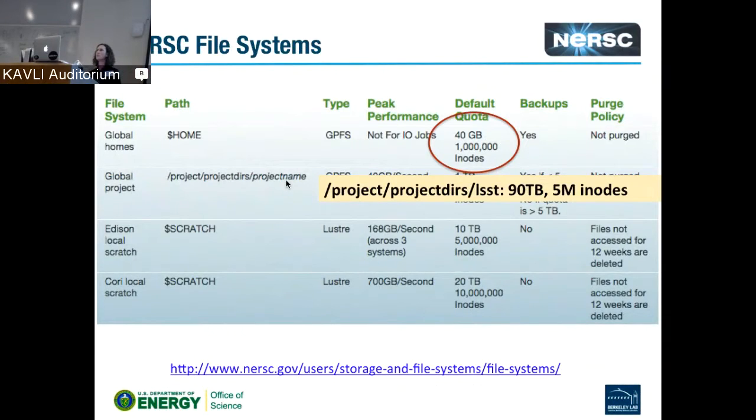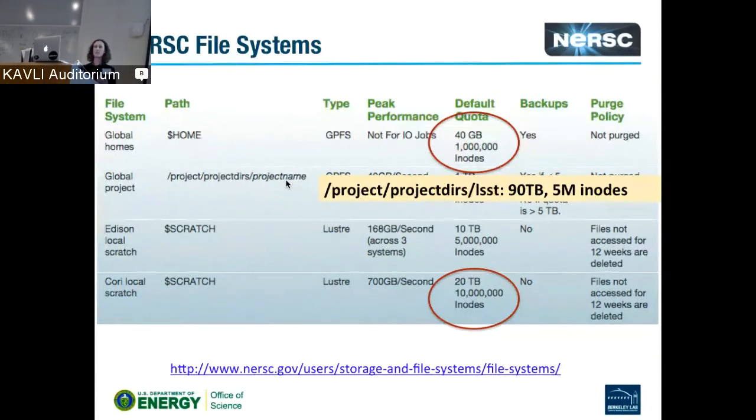Depending on the usage, some of you may be aware that this sometimes gets filled up, but sometimes there's a lot of space available. The project disk file system is designed for data that's accessible to the whole project. If you have things that you're working on individually, that don't need to be accessed by the whole project, then you can put them in your scratch space.